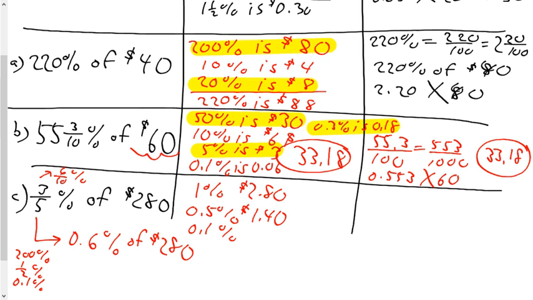And for 0.1%, we want to move our decimal 3 places. So 0.1% is 28 cents. So the two I'm going to add together, 0.5% and 0.1%, make 0.6%. We add those together, and 0.6% of $280 is therefore equal to $1.68.